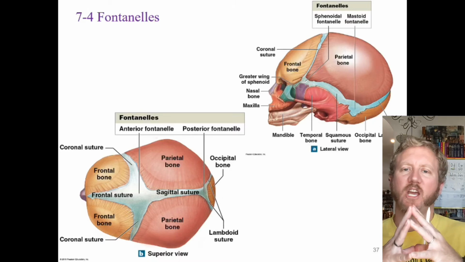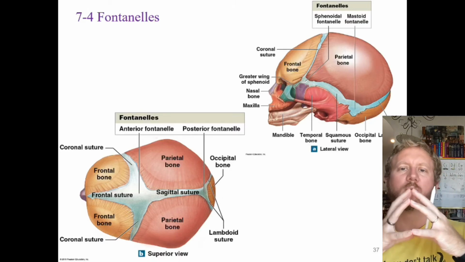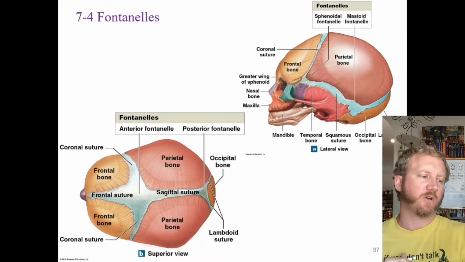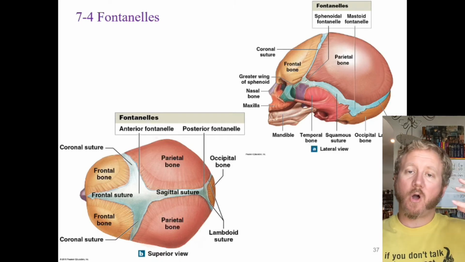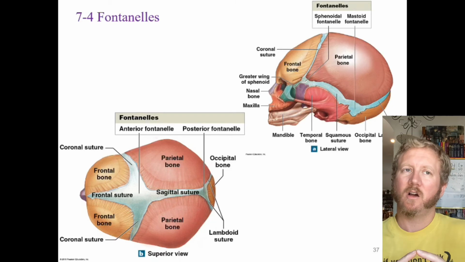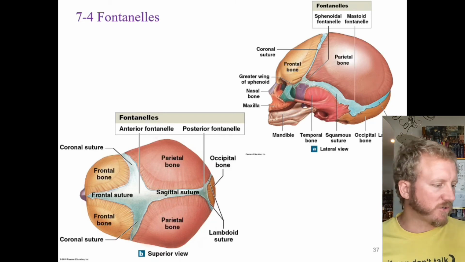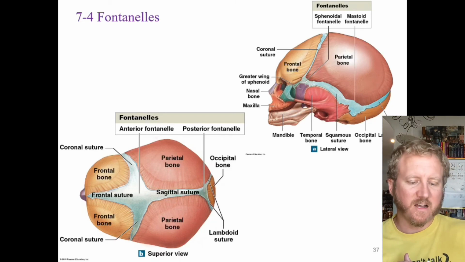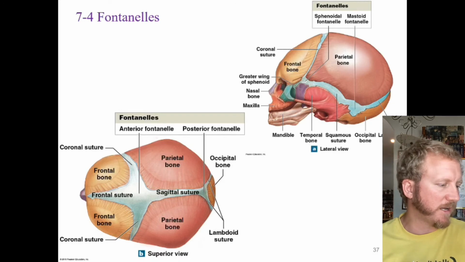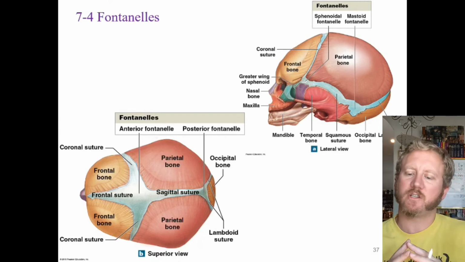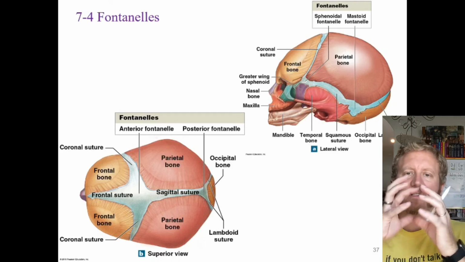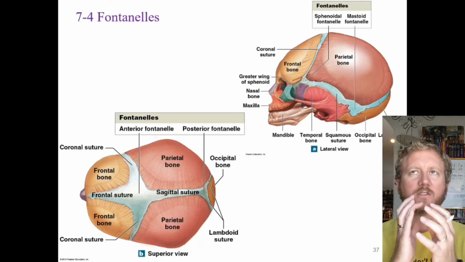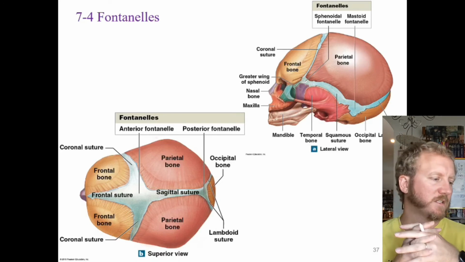Your skull doesn't really change once it fully forms, once you get into adolescence and adulthood. However, as an infant, the bones of your skull are loosely attached by structures called fontanelles. Fontanelles are sections of connective tissue that allow the different bones of the skull to move around, so there's a little bit of malleability to an infant skull.